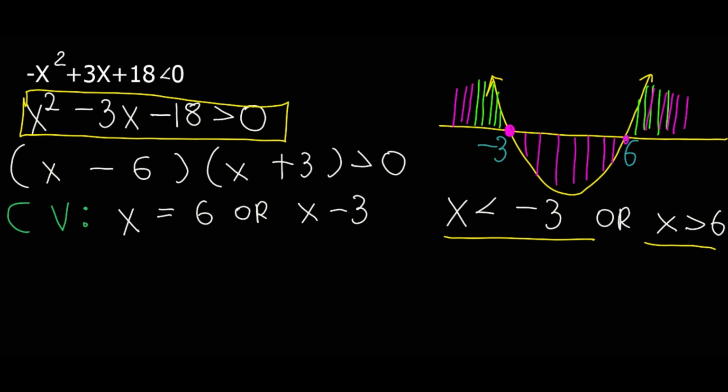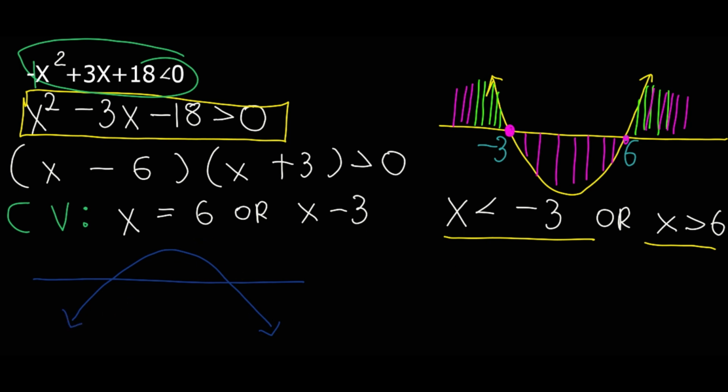But now let's check if you decided to use this one. If you were using this one, because your coefficient is negative, your graph will be concave down, something like this, and then you have -3 and +6. So we look where our graph is less than 0, meaning below the x-axis.